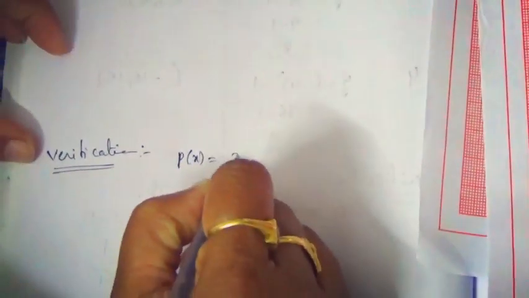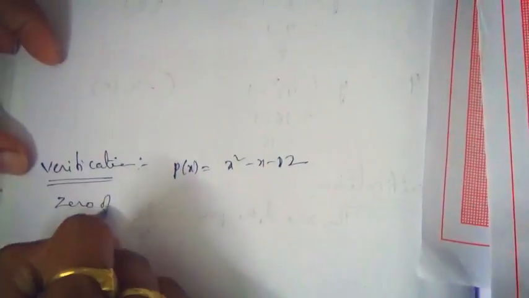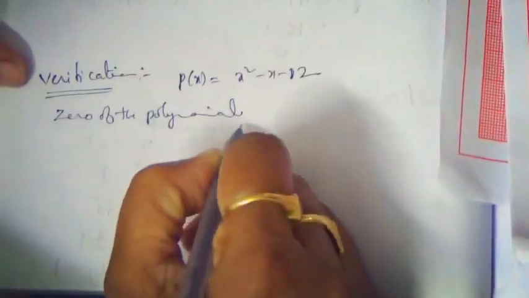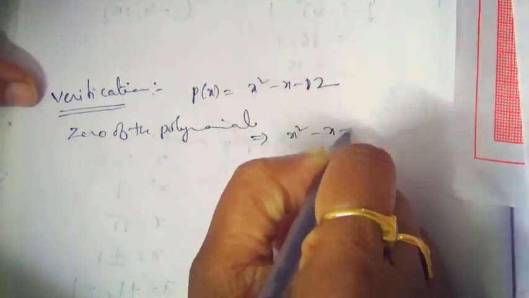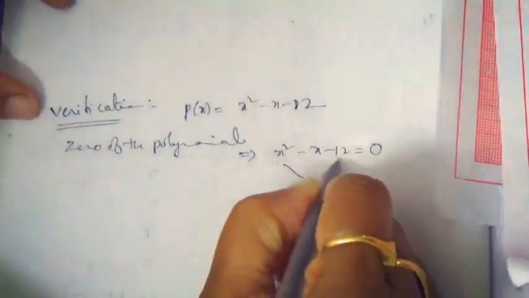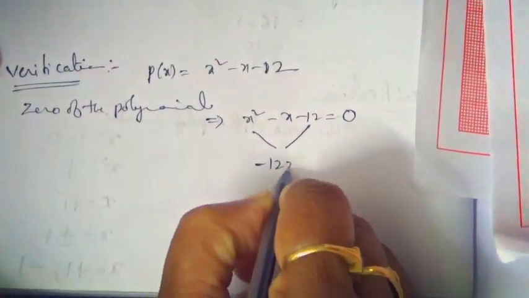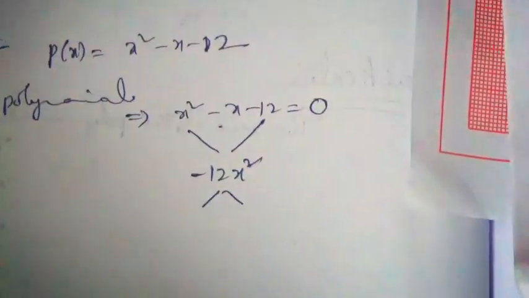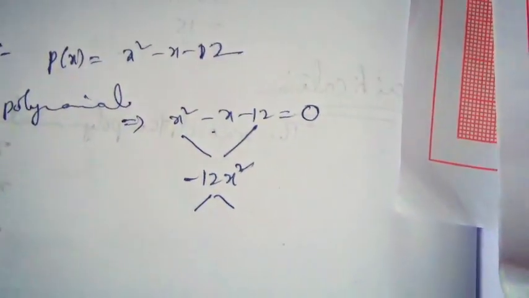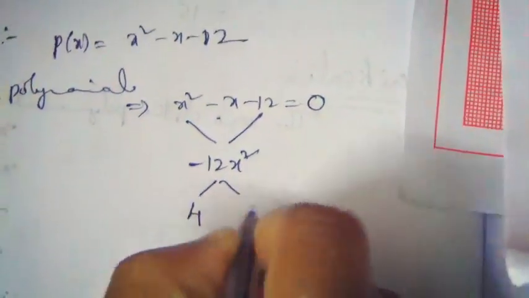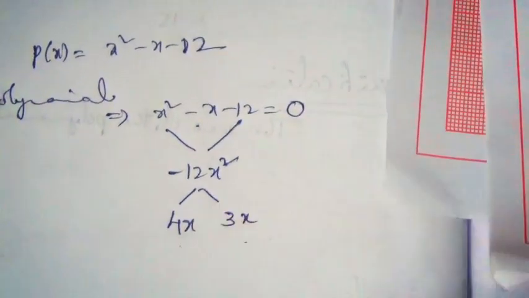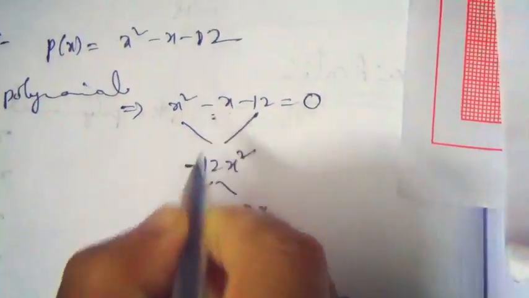So p of x is equal to x square minus x minus 12. So the zero of the polynomial, that is x square minus x minus 12 is equal to 0. So factorization, prime factorization: x square, minus x, I want 12, how it comes, 4 threes are 12.